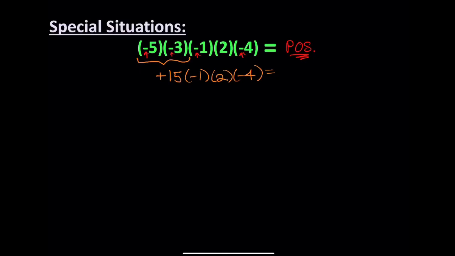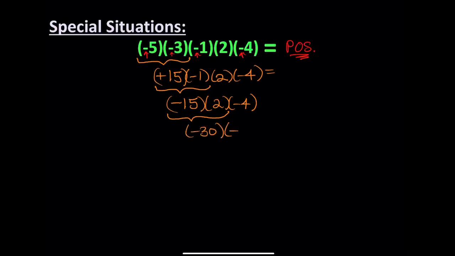And just go 2 at a time here. I can put this in parentheses as well. So 15 times negative 1 is negative 15. Drop down the 2, drop down the times negative 4, and then keep going. So negative 15 times 2 is negative 30.